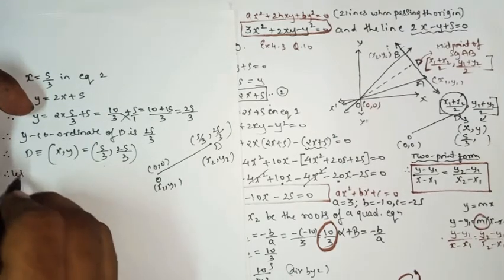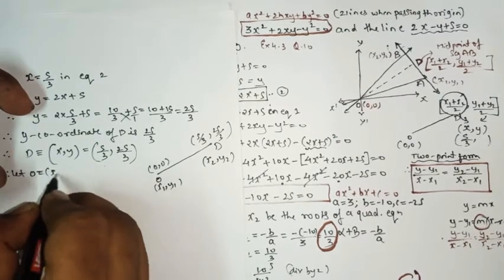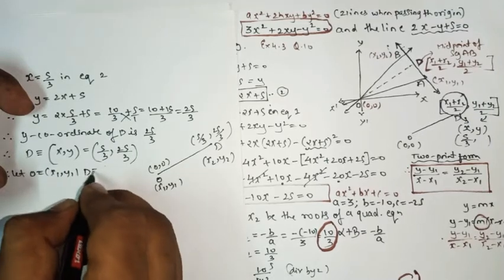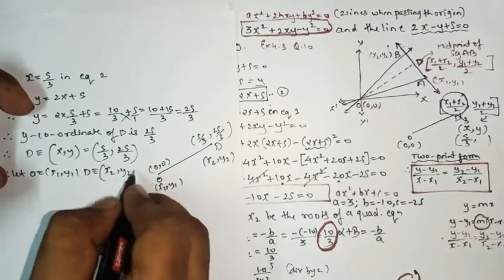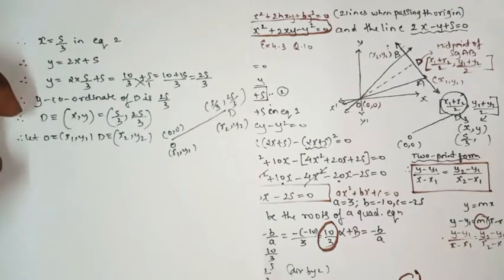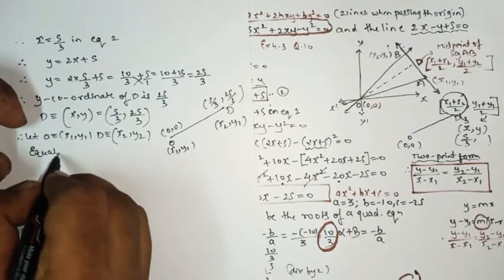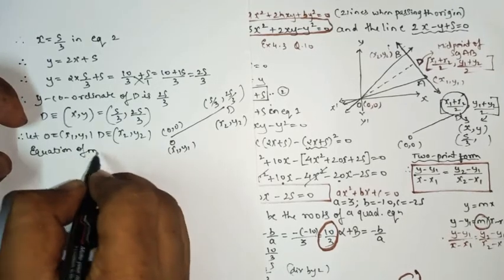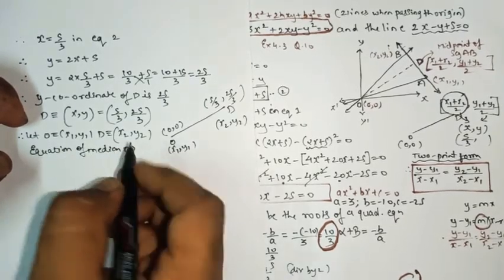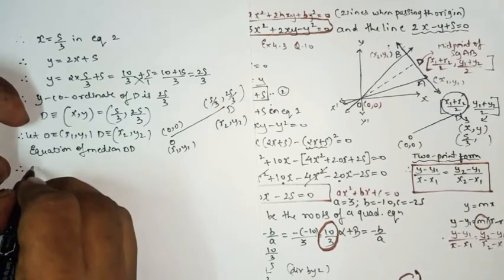So we'll take O as (x1, y1) and D as (x2, y2) for the remaining part. Okay, so we have to find the equation of median OD. So the formula will be what?